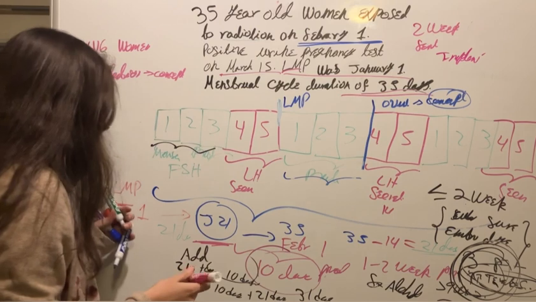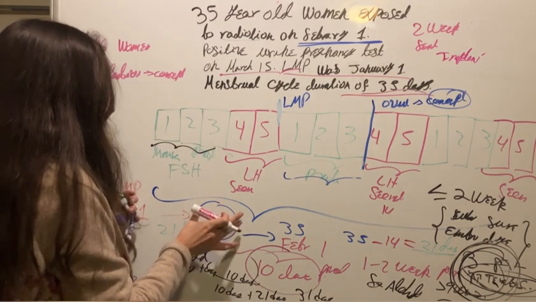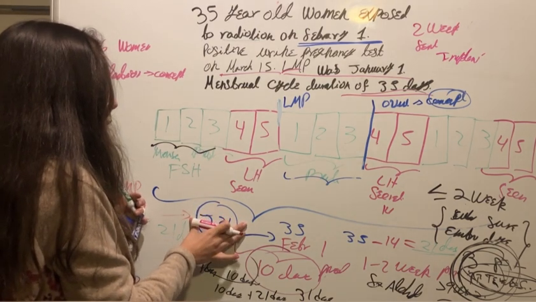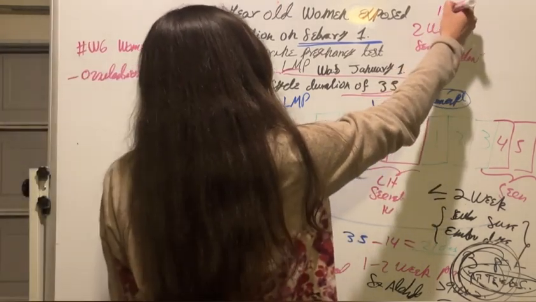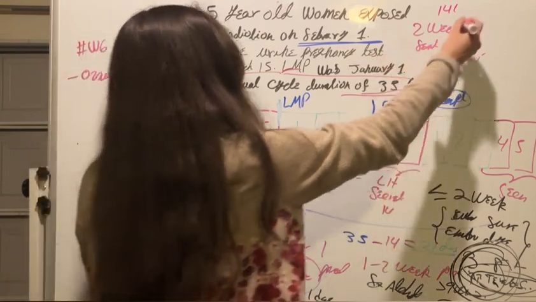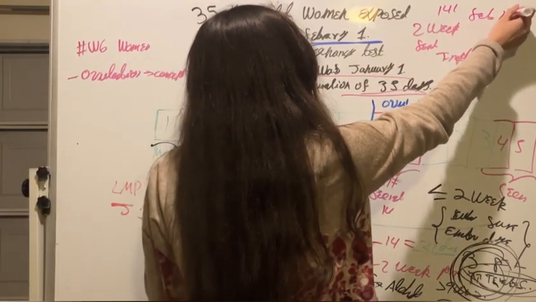So if the conception date was January 21 plus 14 days, that is around February 15.